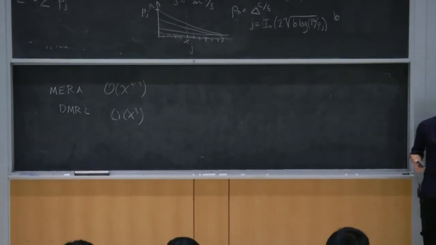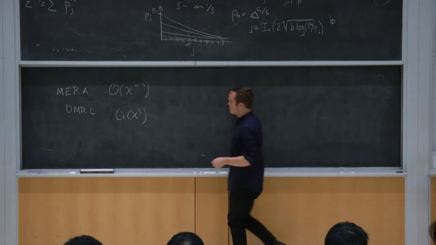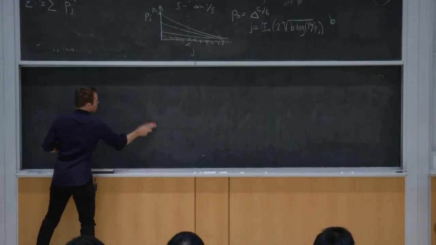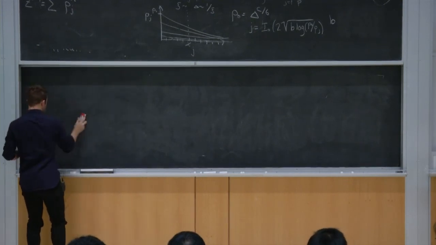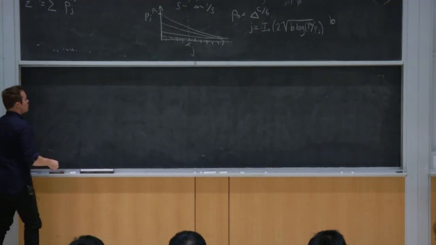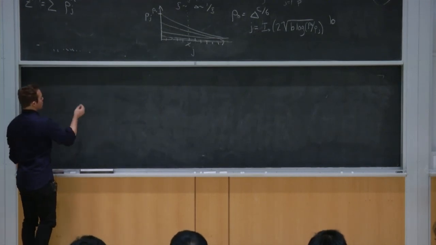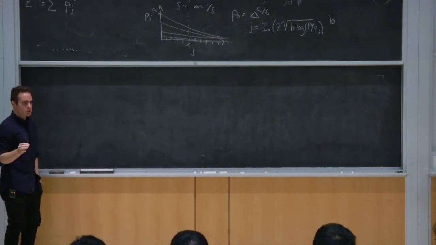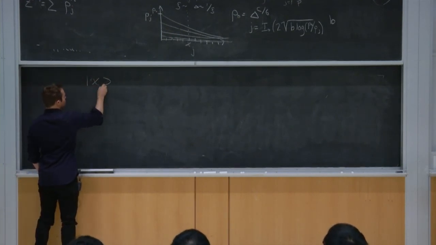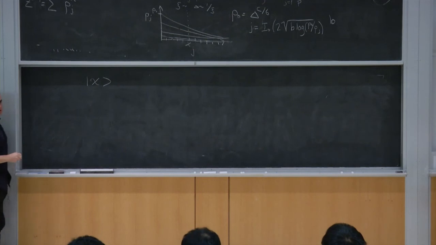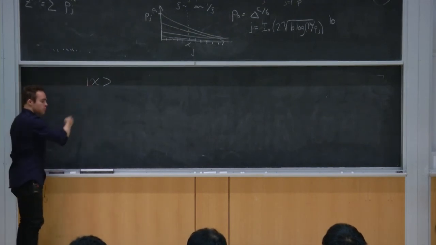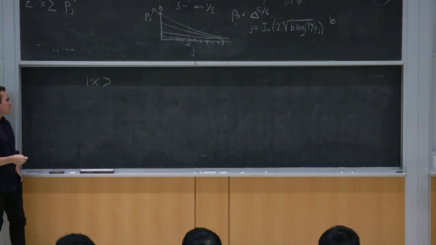Okay, so let's just say that we did put in the critical Hamiltonian, you just run DMRG. And when you minimize the energy, you get this state chi. So we want to ask what are the properties of this state.